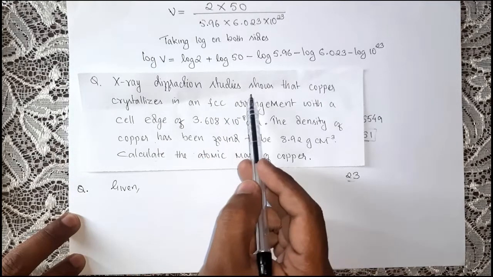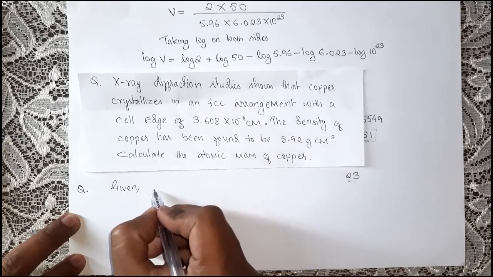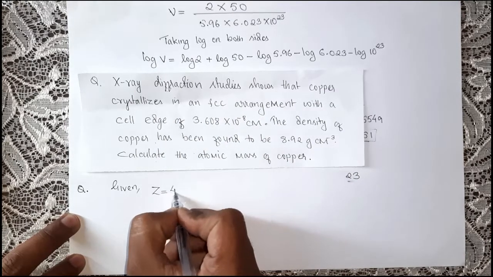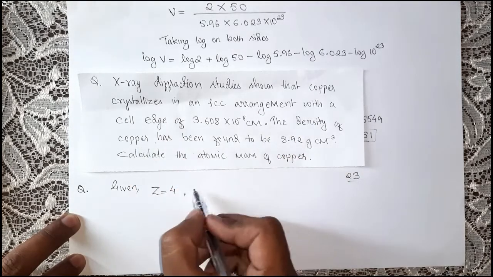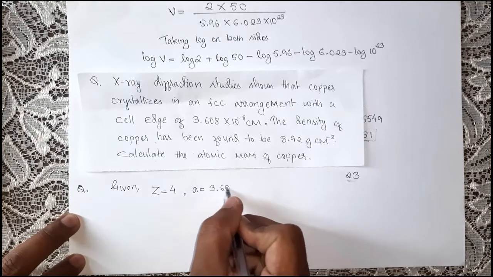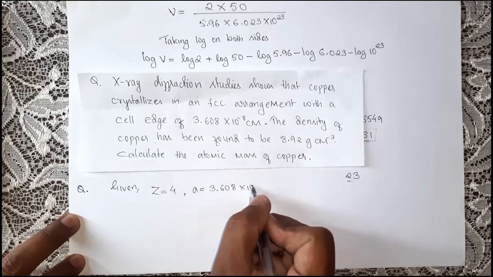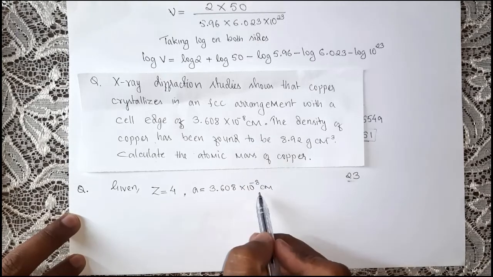X-ray diffraction studies show that copper crystallizes in an FCC arrangement. So if it is FCC, Z will be 4. With a cell edge, A will be 3.608 into 10 to the power minus 8 centimeter. Since it is already in centimeter, you don't need to do anything with this number.